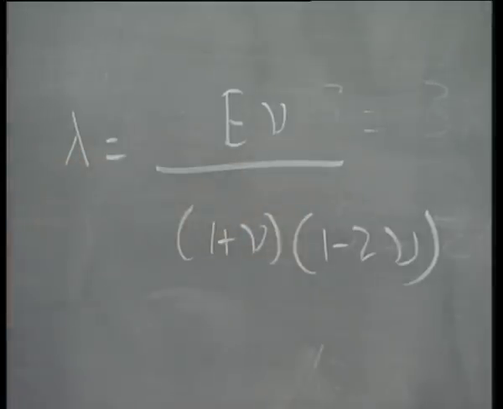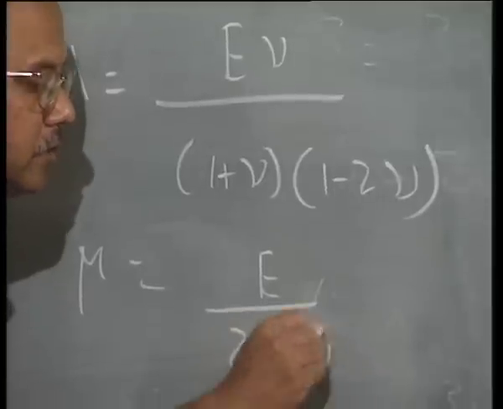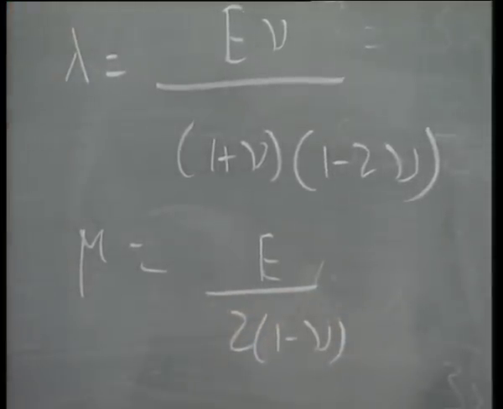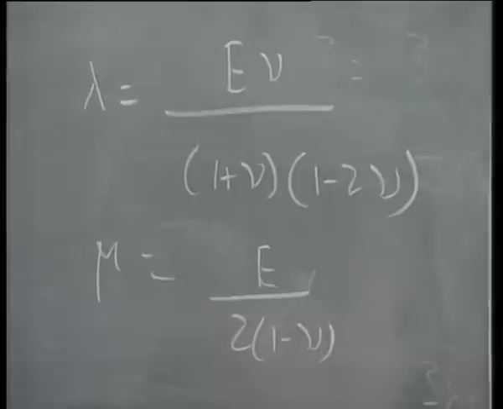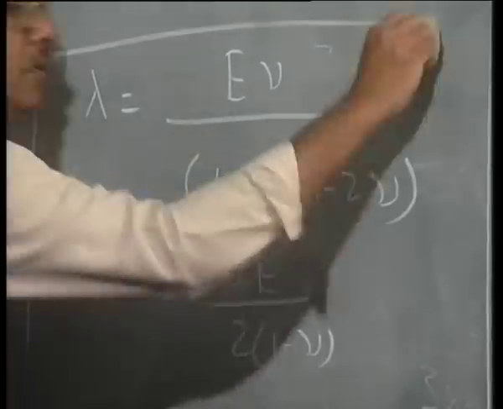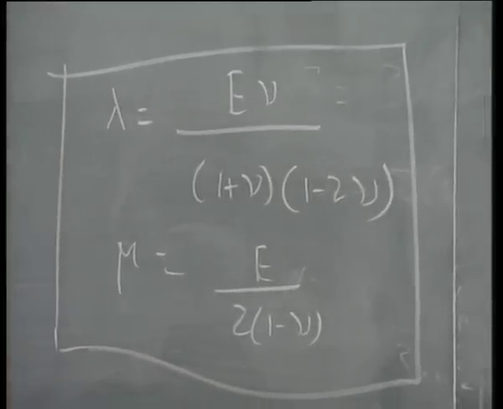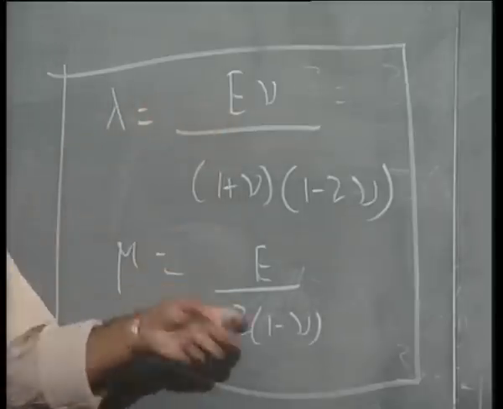Okay, this expression, and the next expression that I am going to write, mu is equal to E divided by 2 into 1 plus nu. Okay, so once I know these two expressions, I can now go back and write my sigma ij's in terms of E and nu.